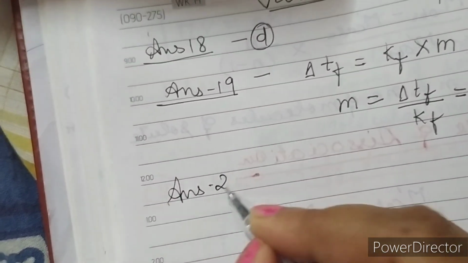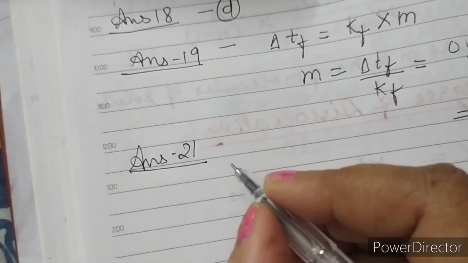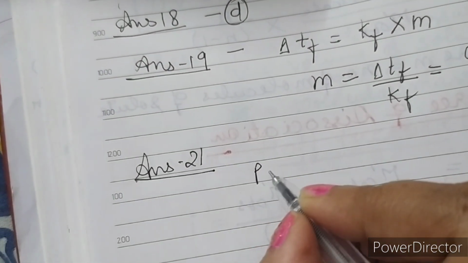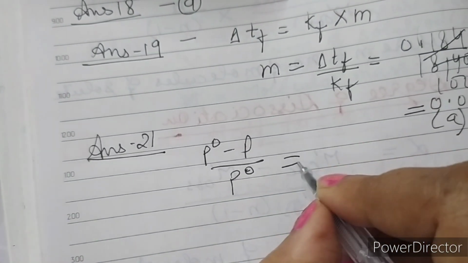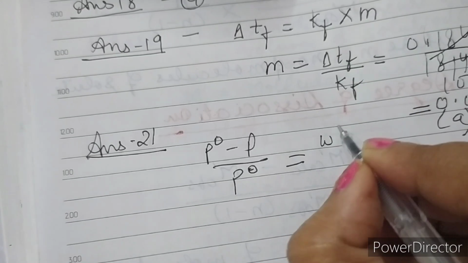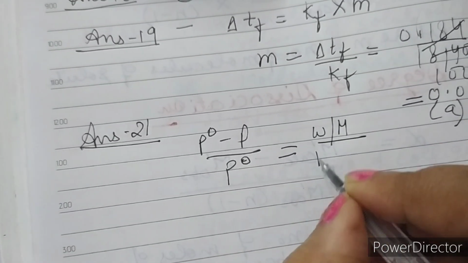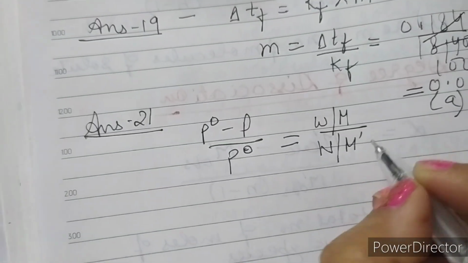Answer number 21. We will put the formula as the relative lowering of vapor pressure, that is P naught minus P upon P naught, is equal to the mole fraction of solute, that is weight of solute divided by molar mass upon weight of solvent divided by molar mass of the solvent.